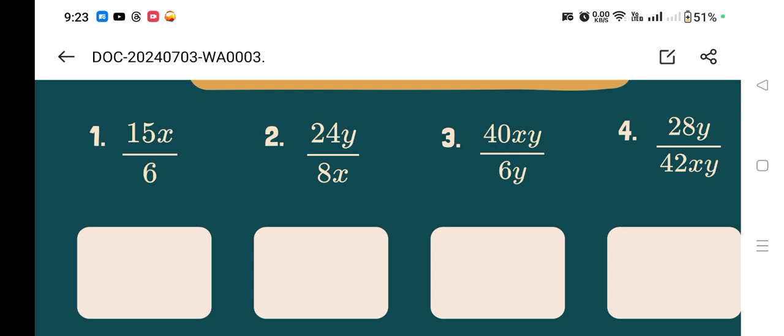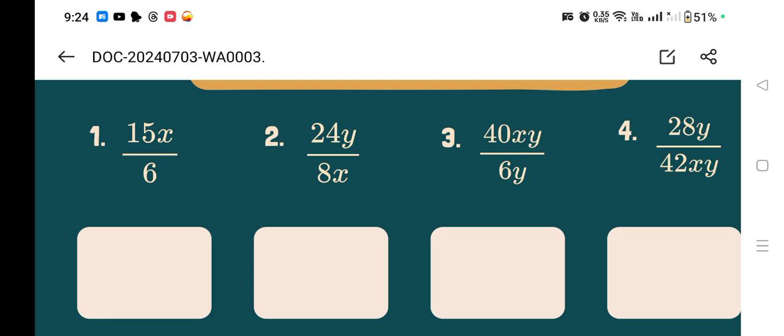Fine. In example number 4, again y and y are like terms, so they both get cancelled out. Now here both get cancelled out with 2. 2 1s are 2, 2 4s are 8. So here we have 14, here we have 21.